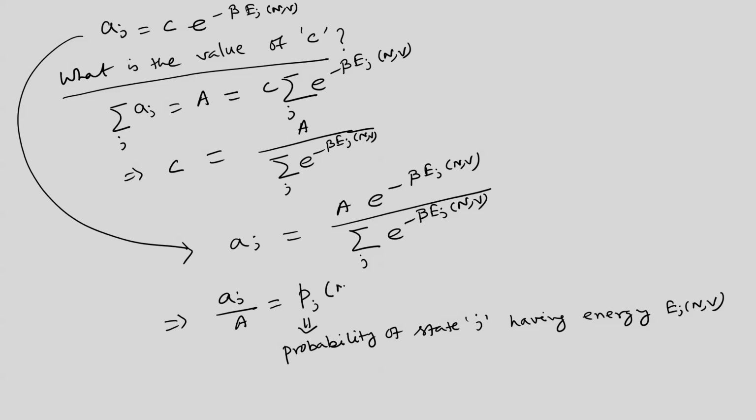Probability depends on N, V, beta, and we can write e to the minus beta EJ by the sum over j of e to the minus beta EJ, where this j is a sum over states.